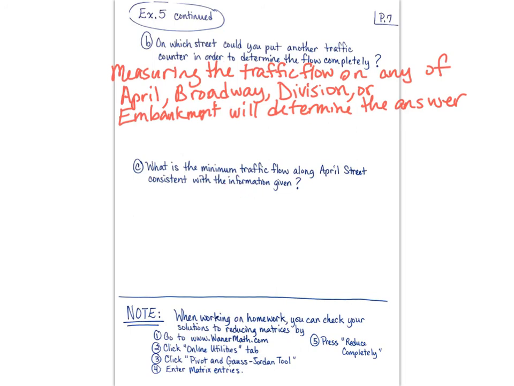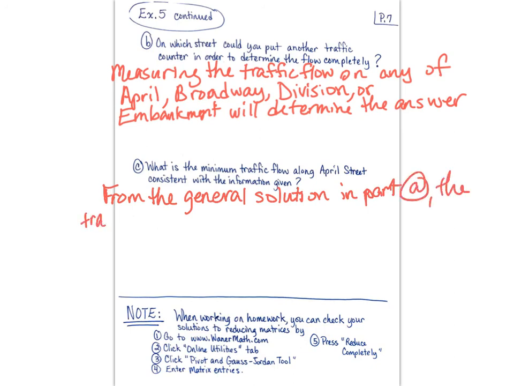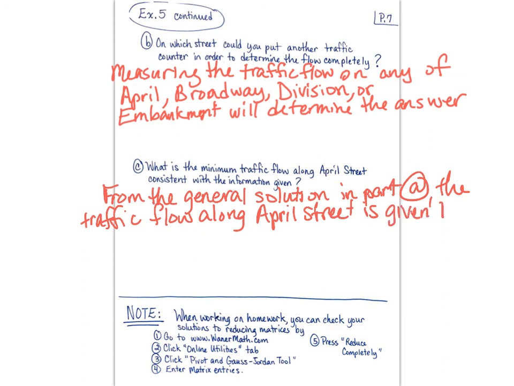So from the general solution, which was the last thing we boxed on the previous page, in part A, the traffic flow along April Street is given by X equals 400 minus W. Now, we know that W has to be between 100 and 300, okay?